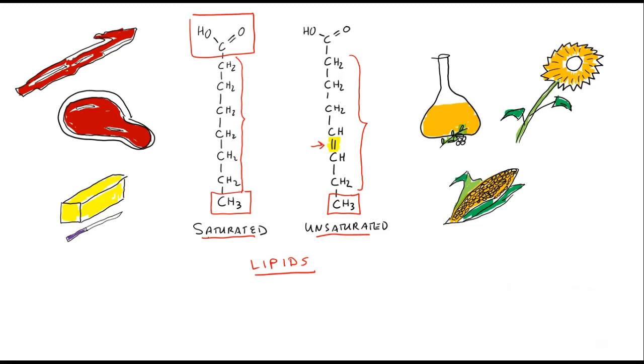This is called an unsaturated fatty acid. Fatty acids may be monounsaturated, meaning they have one double bond, or they may be polyunsaturated, meaning they have more than one double bond. And of course, they have the acid at the end of the molecule.